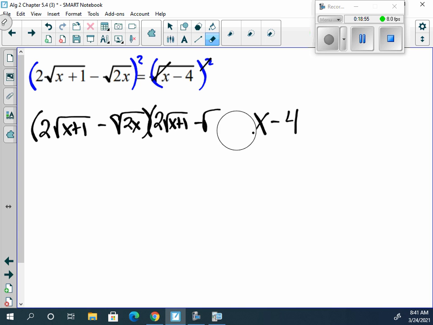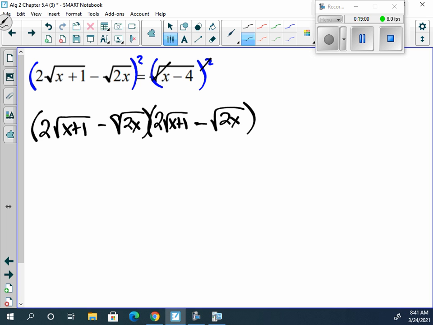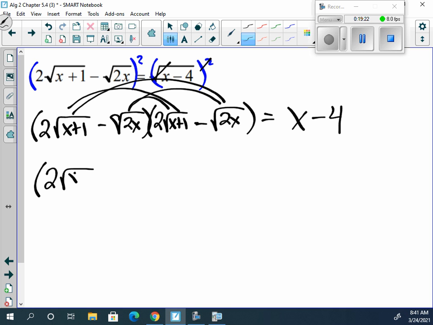And I ran out of room. However, on the other side, we're going to have to multiply it by itself. So we're going to have to actually do that multiplication out. Now here, 2 times square root of x plus 1. 2 square root of x plus 1 times 2 square root of x plus 1 is really going to be 2 square root of x plus 1 squared.